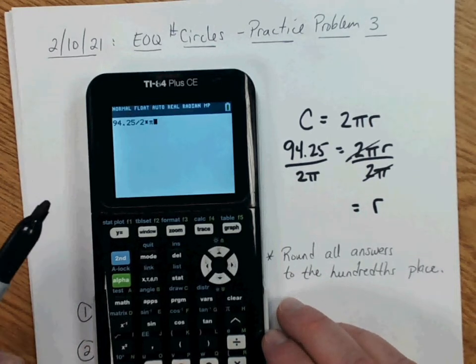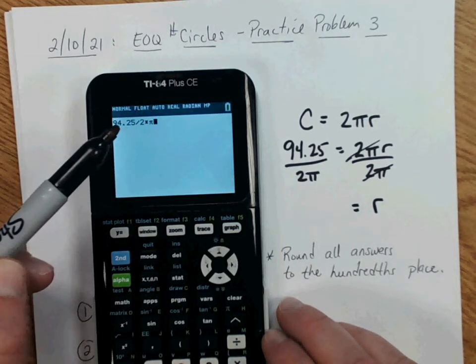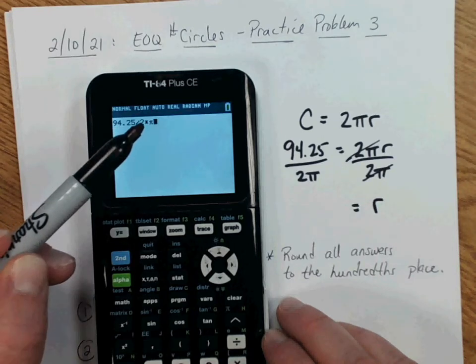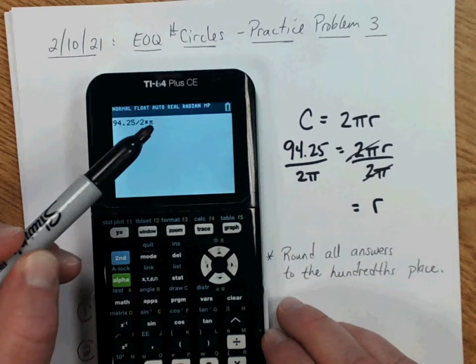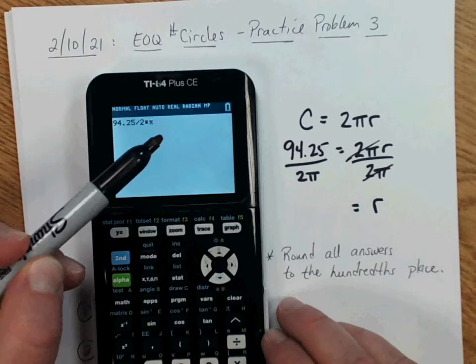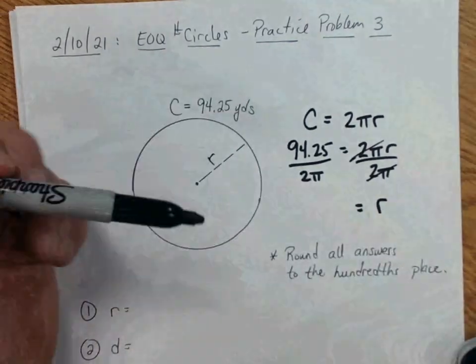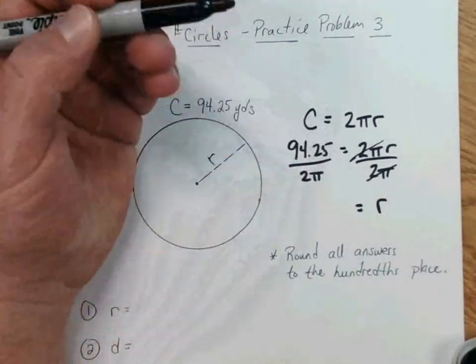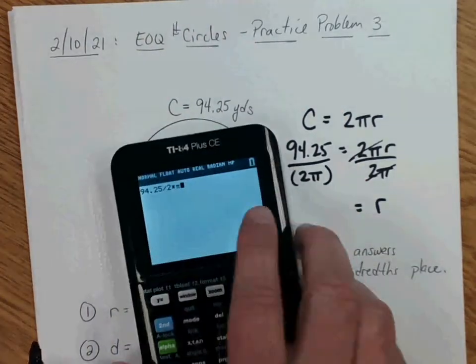The reason is the calculator believes that you're getting the answer of 94.25 divided by 2, and then taking that answer and multiplying it by pi. That's not what we're saying to do over here. What we're saying is to take 94.25 and divide it by the answer 2 pi.